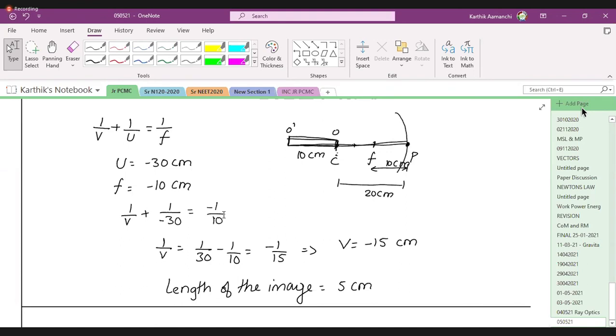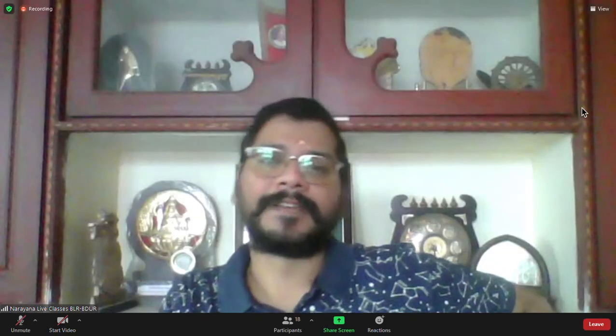See, where is 15, where is 7.5? So you should be very careful, and every time you have to be cautious about your sign convention.